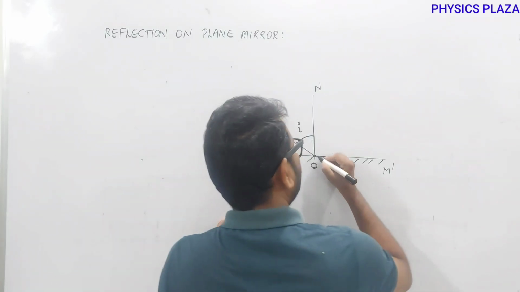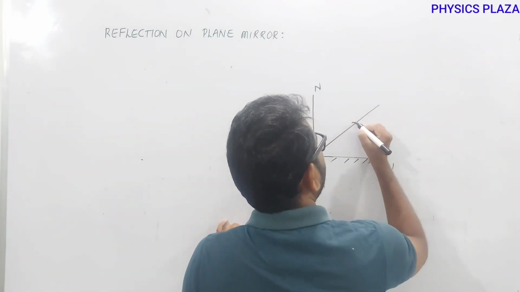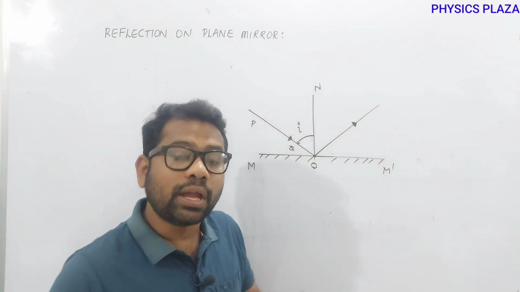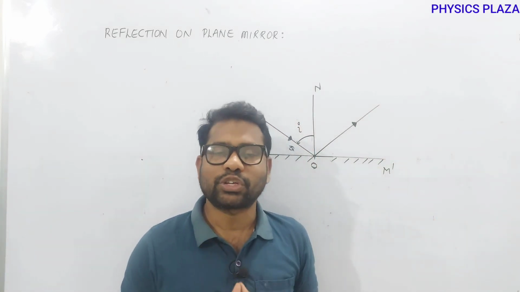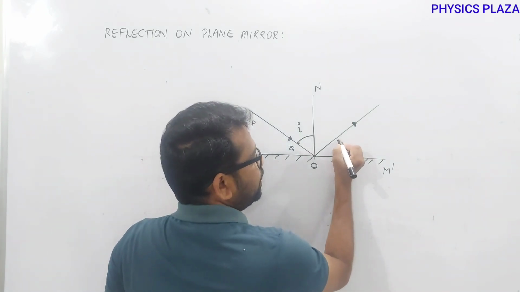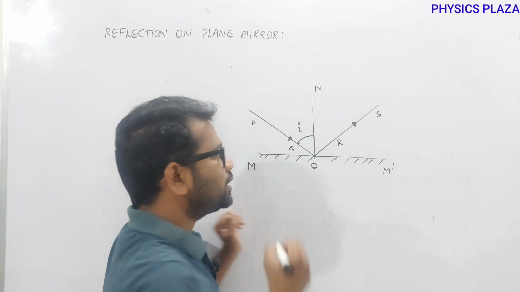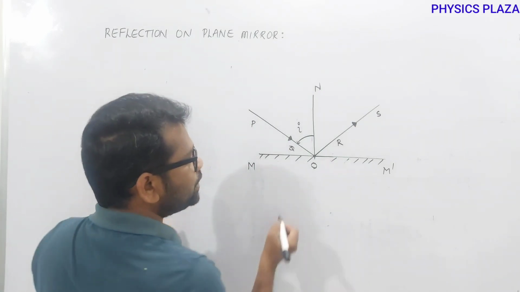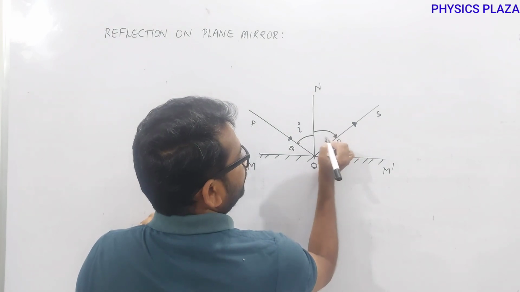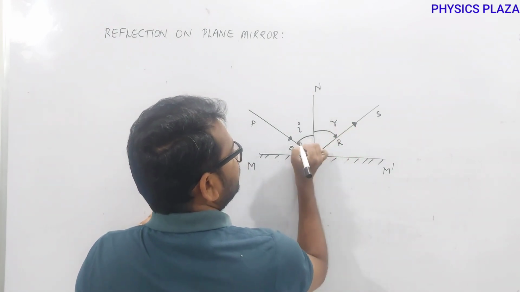So this is the reflected ray. How to define the reflected ray? The light ray which is moving away from the mirror after reflection is called the reflected ray. Let us name it RS. The angle between the normal and the reflected ray is called the angle of reflection.